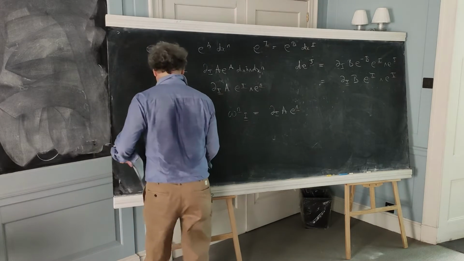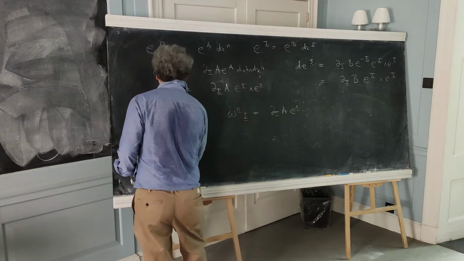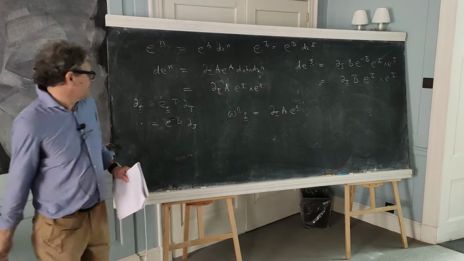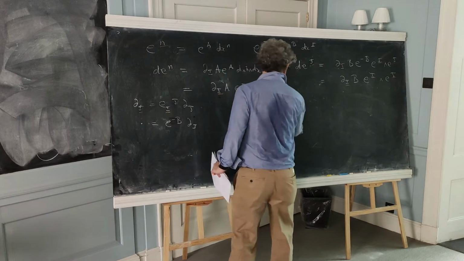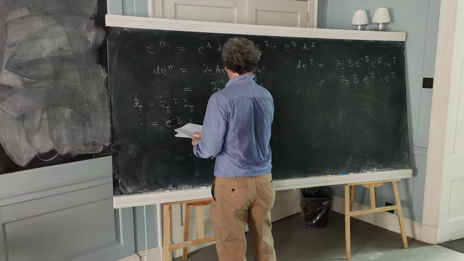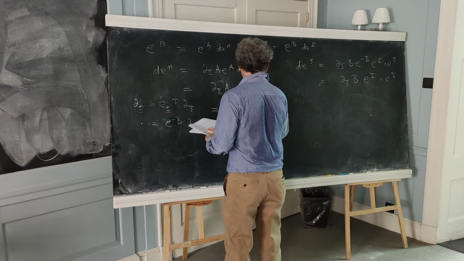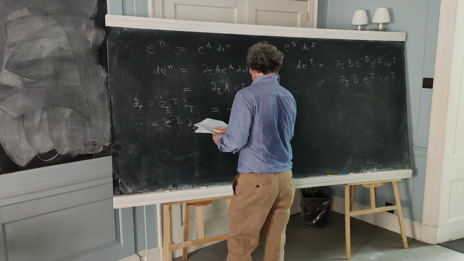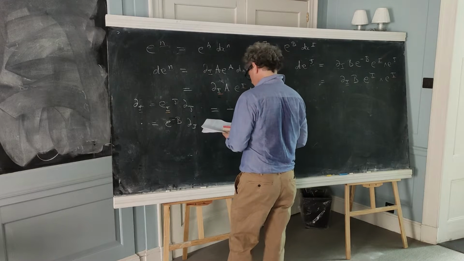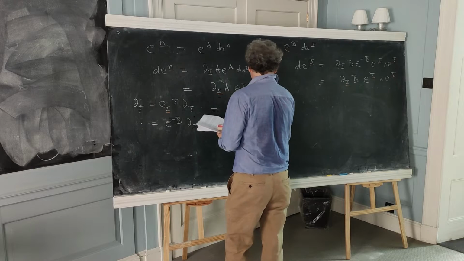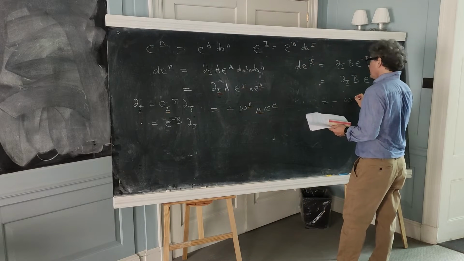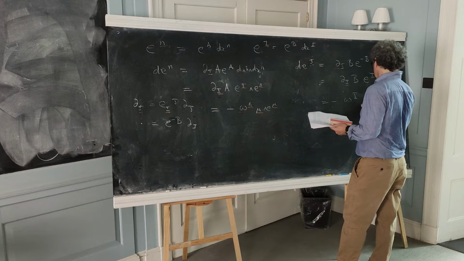So remember what we want is, I'm used to writing with iPads now where you can just move things. So remember what we want is this is to be, well, I guess mu. And this has to be minus omega J mu.